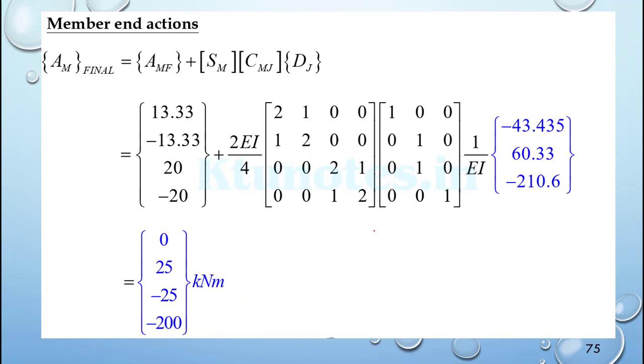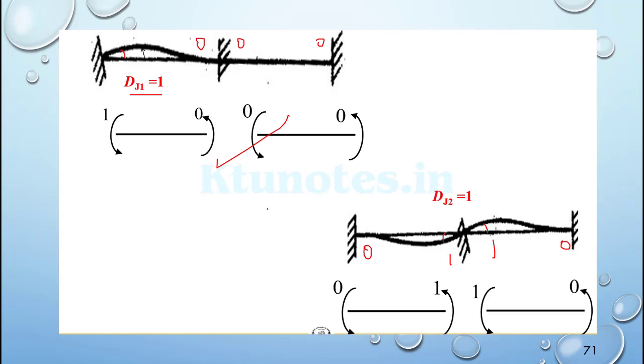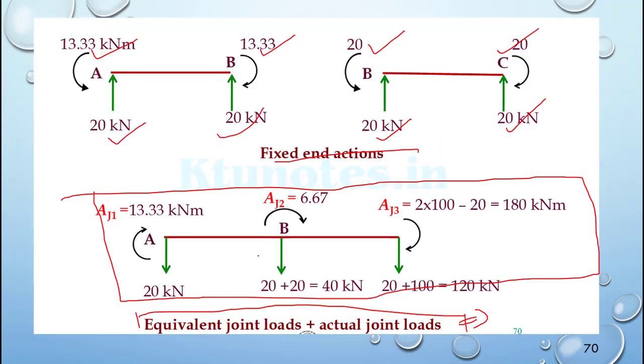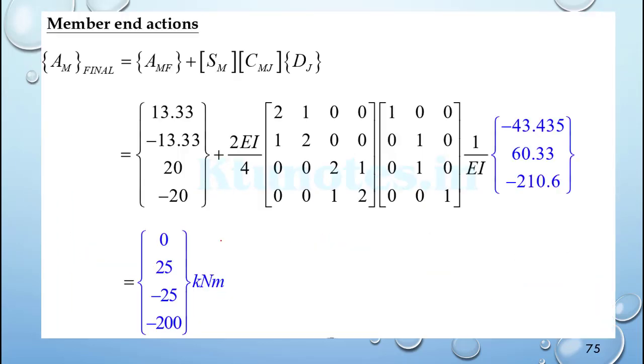Then the member end actions AM final is equal to AMF plus SM into CMJ into DJ, where AMF is 13.33, minus 13.33, 20, 20. They are the equivalent joint loads, combined joint loads. Plus SM into CMJ into DJ will give you the values of the final moments: 0, 20, 25, minus 25, and minus 200.